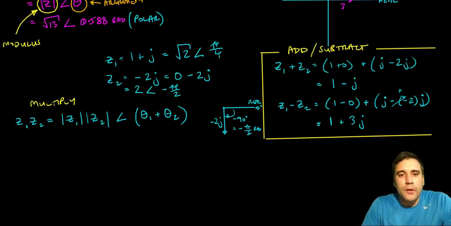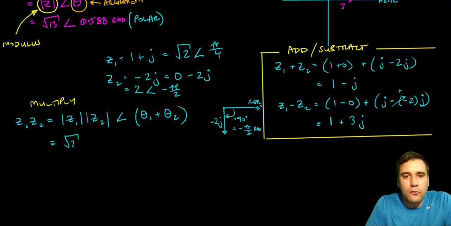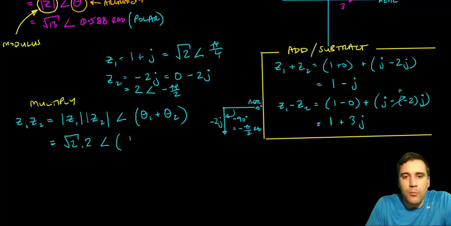So cool, no worries. Now we really have everything that we need to multiply, don't we? So if we go back down here and we say magnitude of Z1, which is root 2, times magnitude of Z2, which is 2, I'll put a little dot there so we know we're multiplying, 2 root 2, and our angle is going to be theta 1 plus theta 2, so it's going to be pi on 4 plus negative pi on 2.